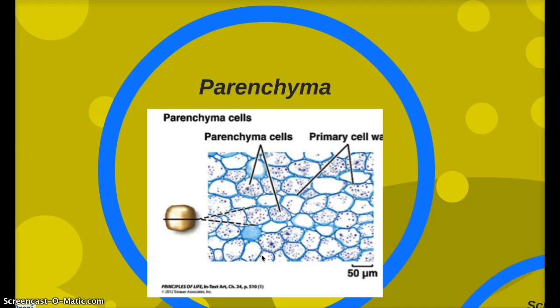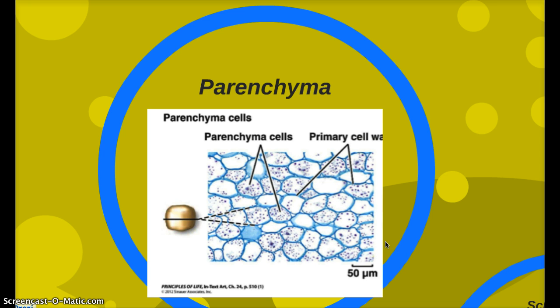The parenchyma cells make up the primary cell wall. They are the most abundant cell. They contain large vacuoles and thin cell walls. Can any of you identify the vacuoles in this diagram? Yep, you're right. All of these blank spaces are the large vacuoles.